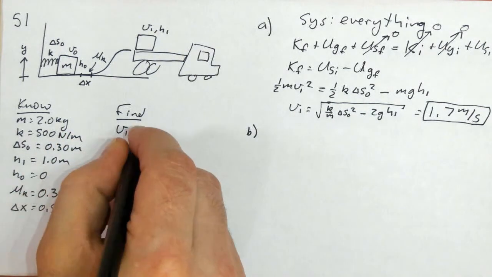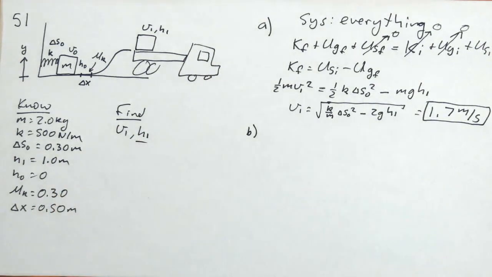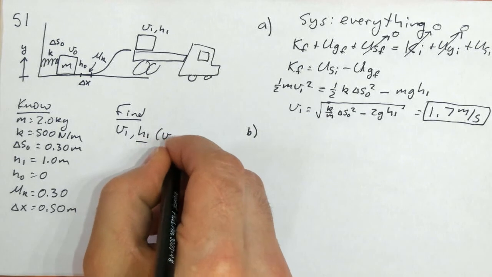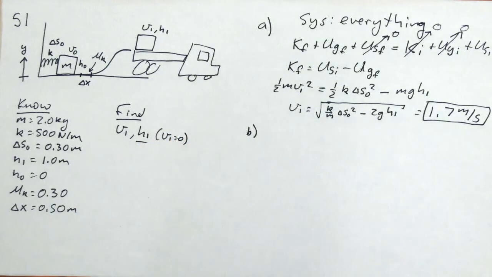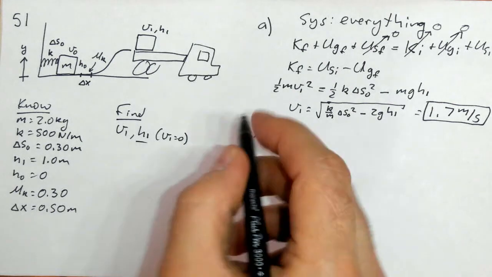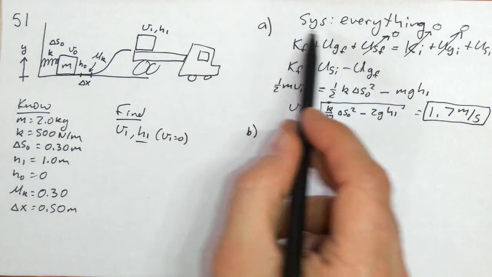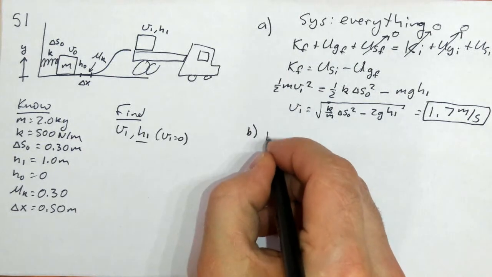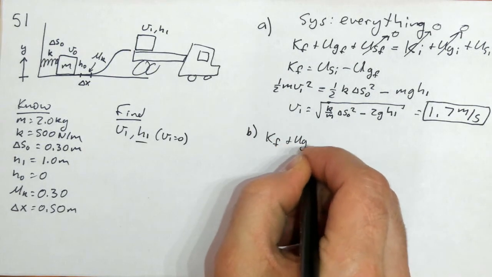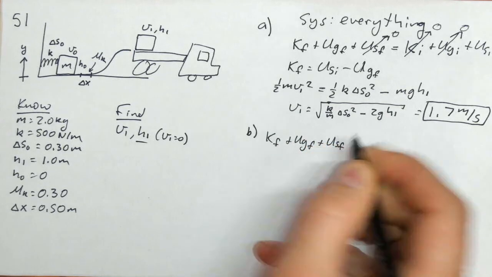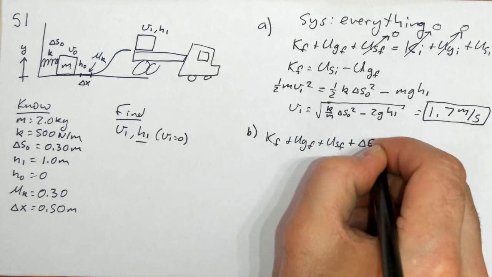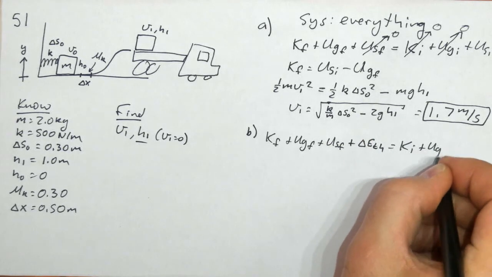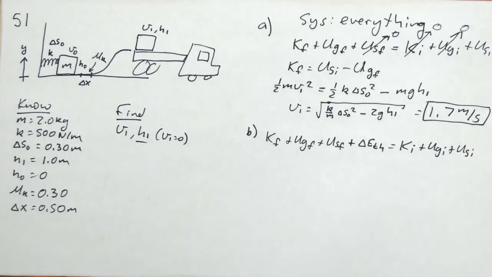So I'm going to look for H1 for case B, which means V1 equals 0. That's the second case. I'm still going to choose the system to be everything, including the sticky spot, so I write K final plus UG final plus US final plus delta E thermal, that's our new term, equals K initial plus UG initial plus US initial.